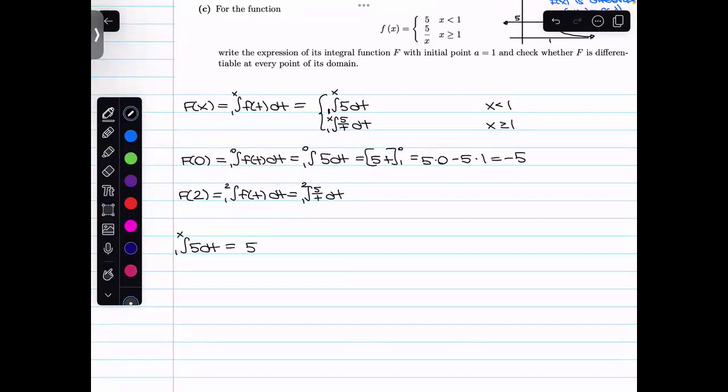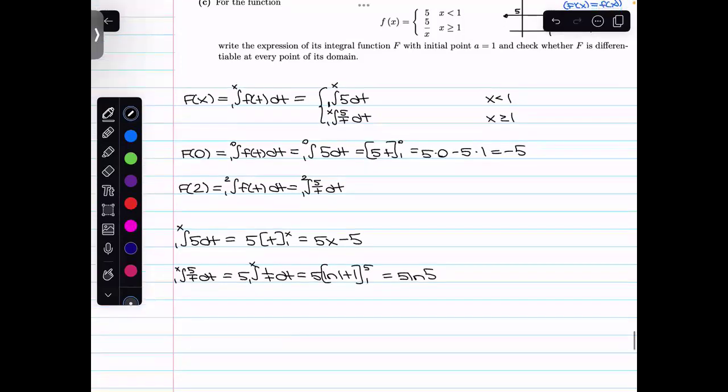So then we just integrate normally. This is just going to become 5t from 1 to x. So we just get 5x minus 5. And for the other one, we can bring the 5 out. And this is going to become 5 ln of x in absolute value, minus 5 ln of 1, but ln of 1 is 0.